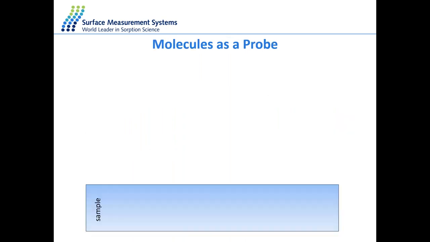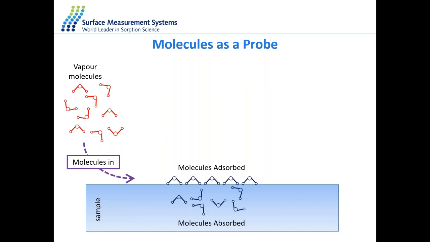In DVS it is very similar. The concept is just a different source of information. So here we have our sample. We start usually from a dry condition of the sample, and then we introduce a molecule or vapor, for example, water. And water molecules will absorb on the sample itself. We call it adsorption if it's only on the top layer of the sample.